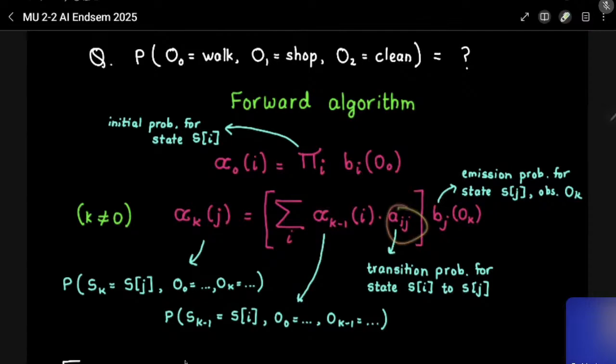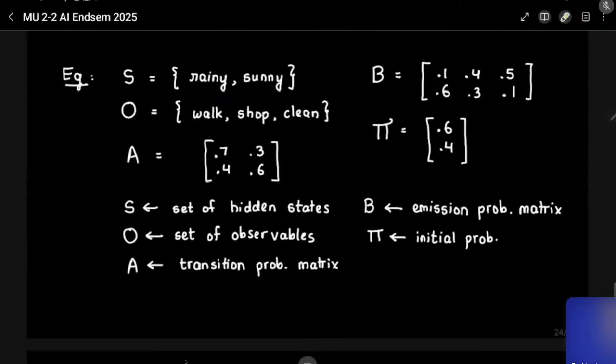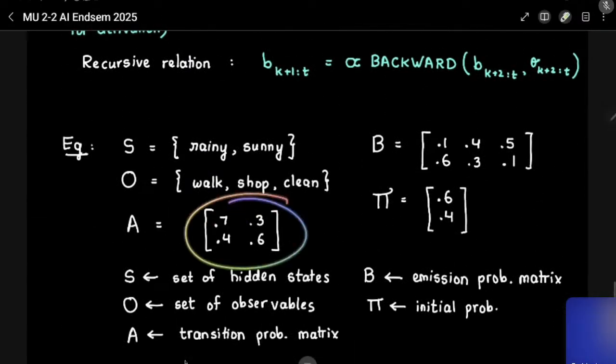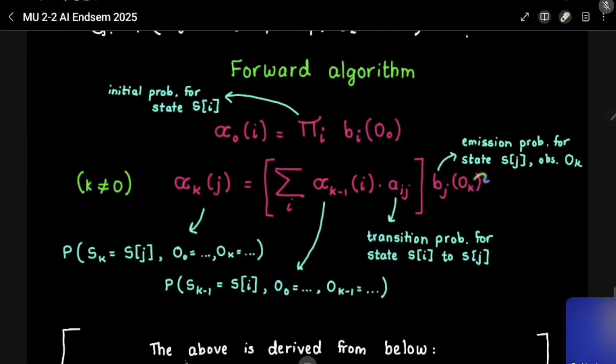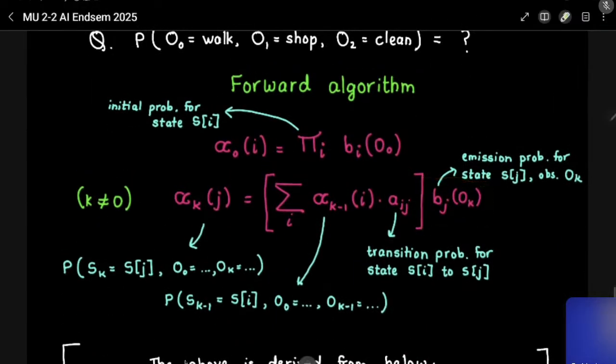Aij is the transition probability. You're transitioning from state i to state j. So row i, column j, you have to find your probability from here. Bj ok is the emission probability. Here j represents the state that you're currently at, and ok is the observation at time k.